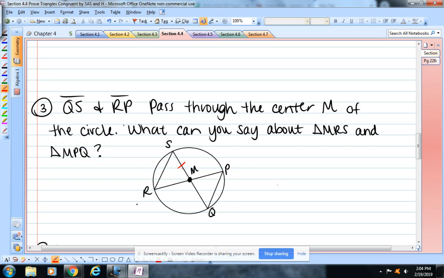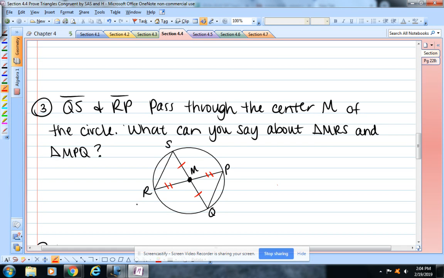So that would mean this and this one are congruent, right? Same thing, right? If M is the center of the circle, that means M is the midpoint of that segment. So that would mean, they're really shaking my projector. This one and this one are congruent, right?